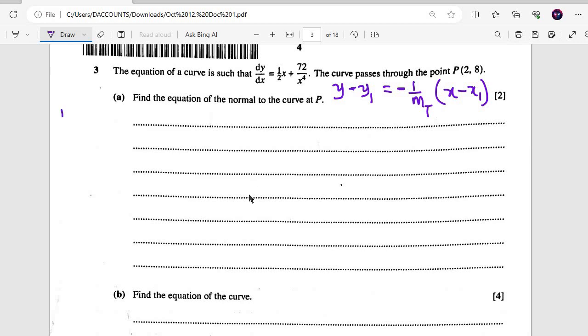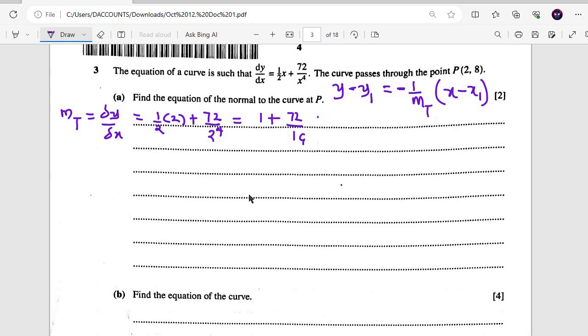The gradient of the tangent is the same thing as dy/dx. And dy/dx is half x plus 72 over x to the power 4 at point P. At point P, x is 2. I put the values in, so we have 1 plus 72 over 16.